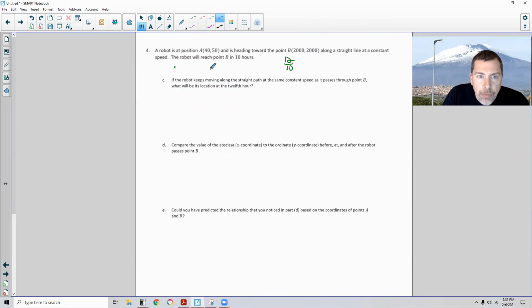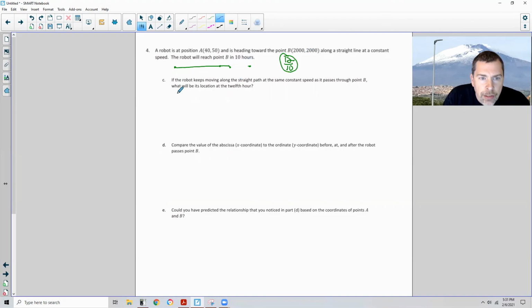So if we had a point here and a point here, then going the full distance is a ratio of 10/10, the whole thing. If we go one less, that'd be 9/10. But if we go 2 over, then our numerator is greater than our denominator. So the whole thing is greater than the original total, which was this endpoint B, 2000. Okay, so this is our ratio we're going to work with.